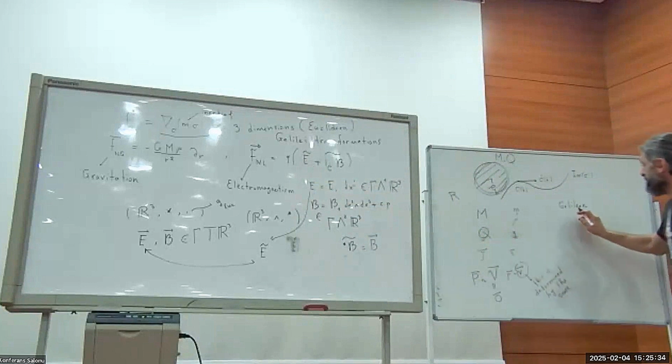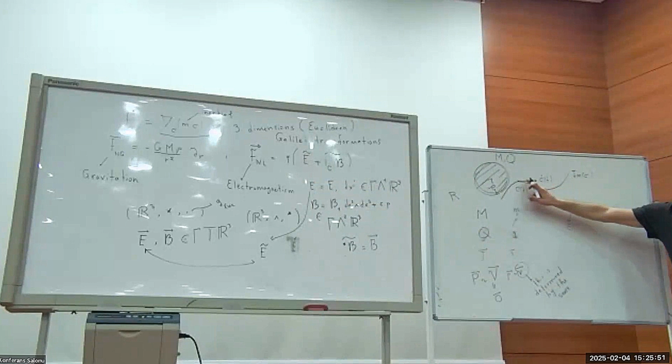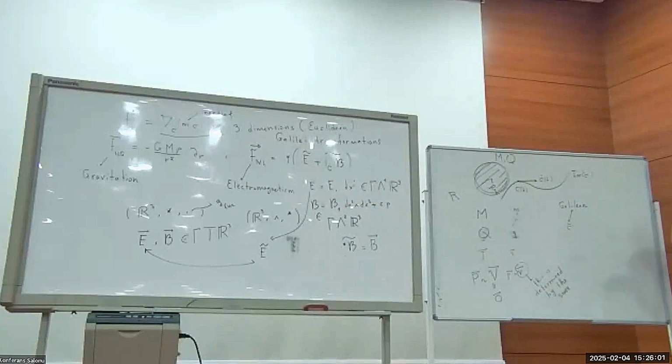So this Galilean observer should be identified with, let's say, a curve C prime or C bar. Since this point particle is exhibiting Galilean motion, it's not Lorentzian. It's very far away from the speed of light in motion.